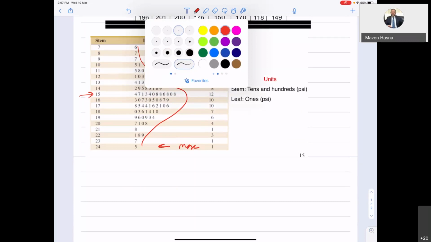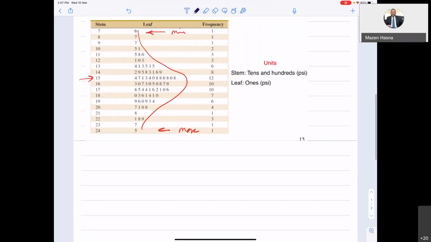Probably let me say one more thing about the stem and leaf diagram: how do we pick the stems?